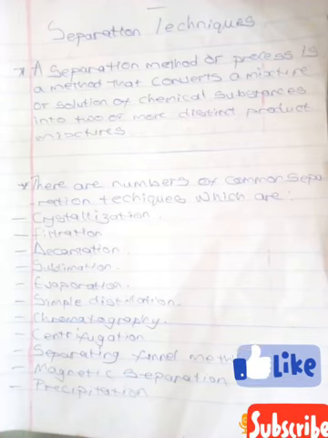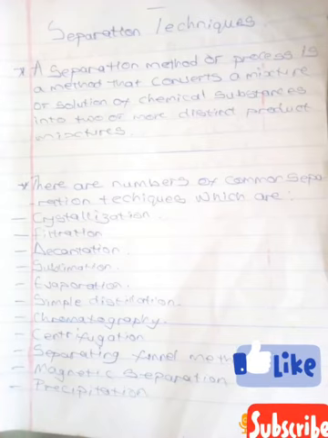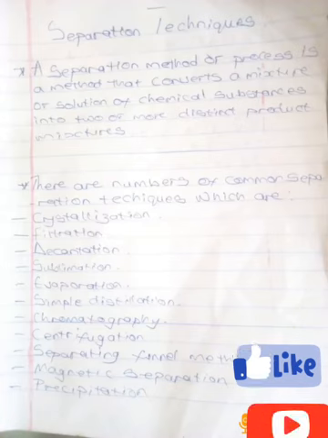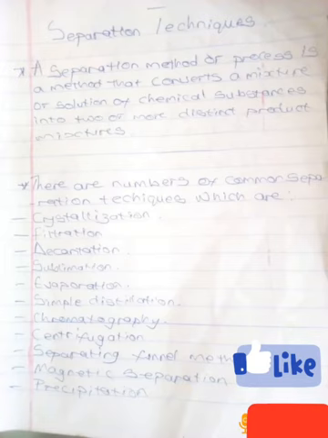The studies of biochemical systems, environmental analysis, pharmaceutical research, and many more other areas of research require reliable separation methods. A separation method or process is a method that converts a mixture or solution of chemical substances into two or more distinct product mixtures, that is, different mixtures.